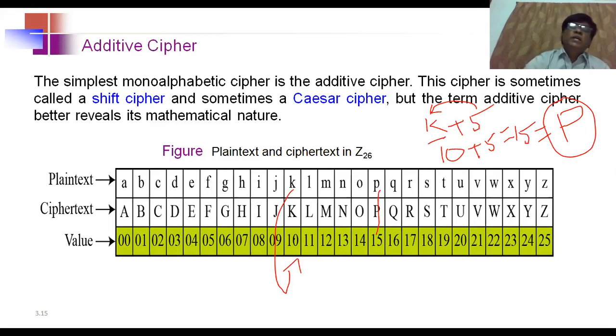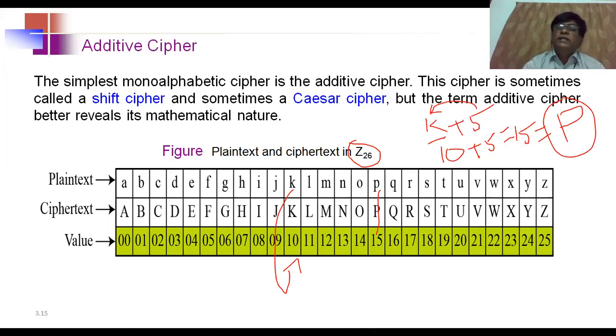Additive cipher means that instead of directly using the characters, I use the integer values assigned to the alphabets from 0 to 25. Since these integers are from 0 to 25, they are assumed to be in Z26. Z26 means all the values should be within 0 to 25 only.